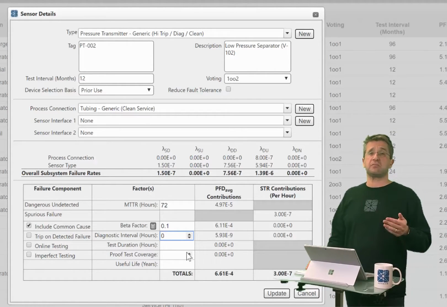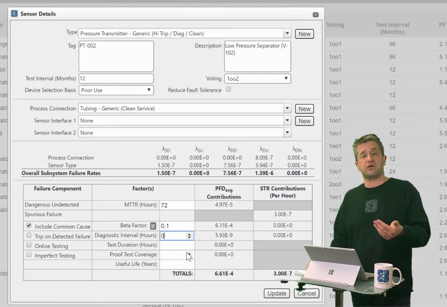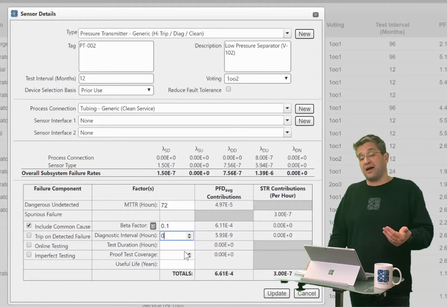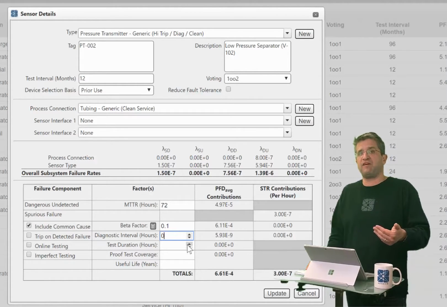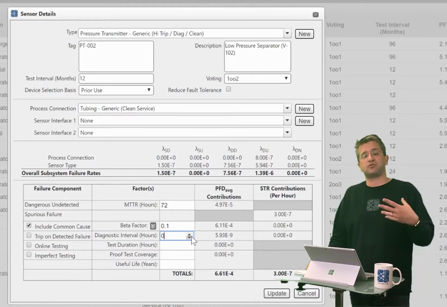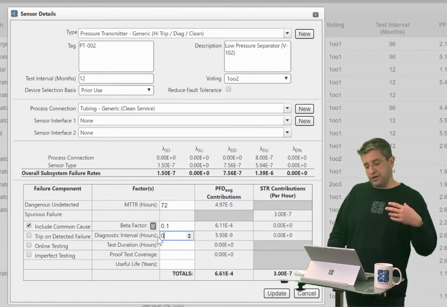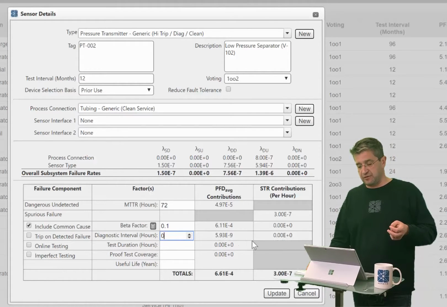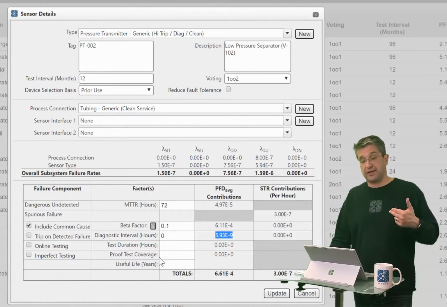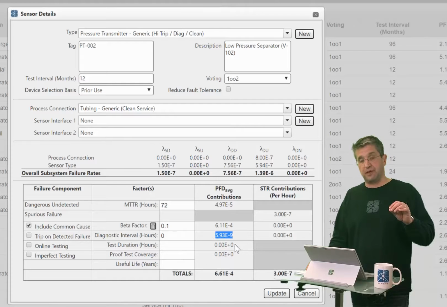But if you were doing something like partial stroke testing that occurred weekly, that diagnostic test interval could be very long and important and drive the PFD associated with the dangerous detected failure mode. So in this case, if we were not tripping on a dangerous detected failure, we would then go ahead and calculate the contribution to PFD associated with dangerous detected failures.